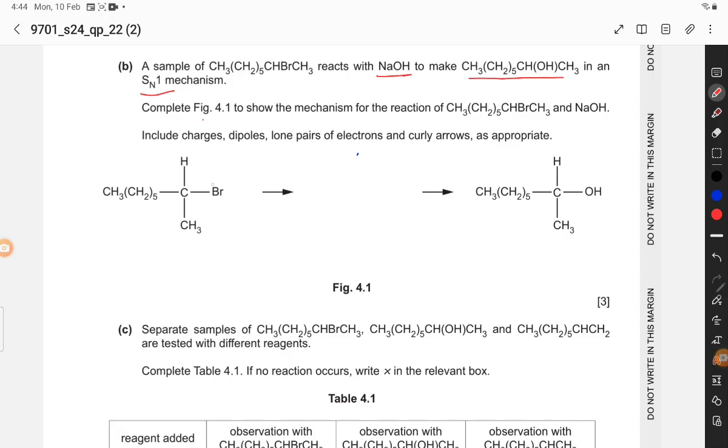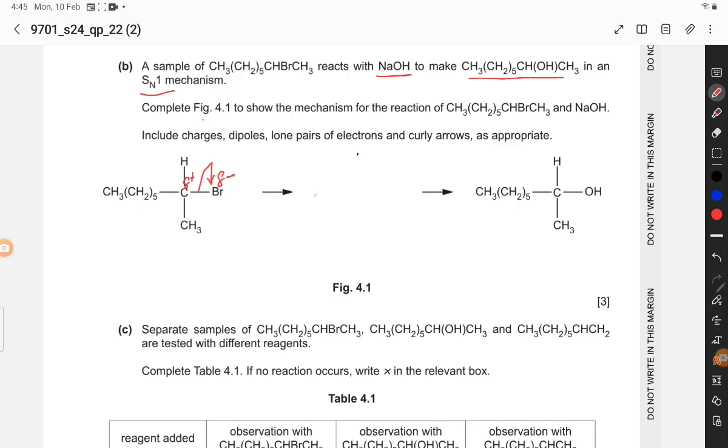So bromine is electronegative, carrying a partial negative charge. Carbon becomes partial positive, and bromine, being electronegative, attracts the lone pair shared electrons towards its center.